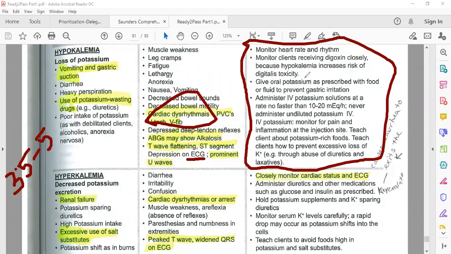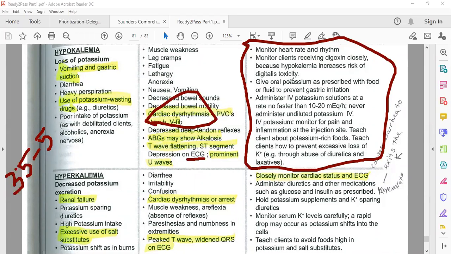Let me explain. Some patients, because of heart failure, are prescribed digoxin or digitalis. So if the patient has hypokalemia, the chance of digitalis toxicity increases, because digitalis or digoxin has a very low therapeutic index.